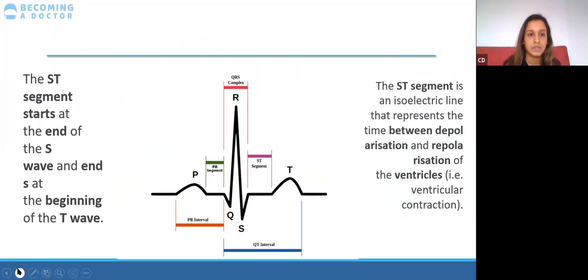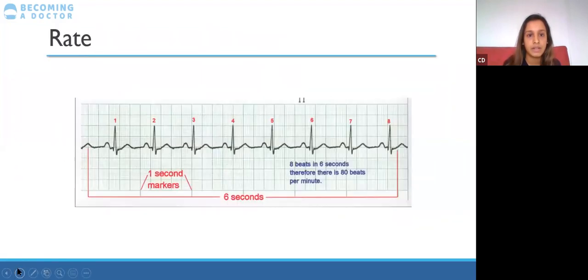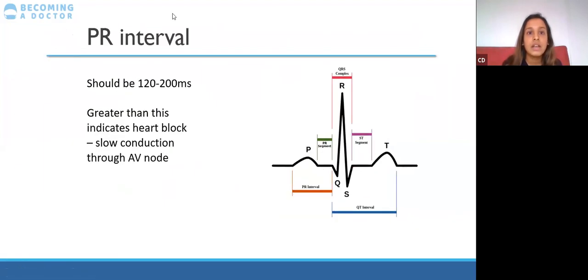I think some other people had some questions, which I'll quickly answer before I carry on. In this case, you would count and times by 6 and not do the other method. If you have an irregular rhythm, you cannot calculate the rate using the RR interval method, but you would never be asked, in a med school question, to calculate the rate of an irregular ECG.